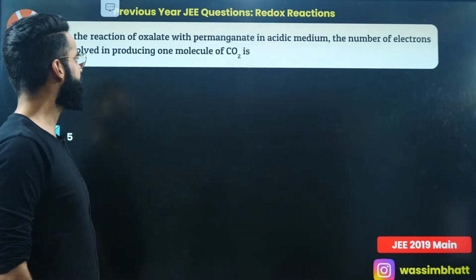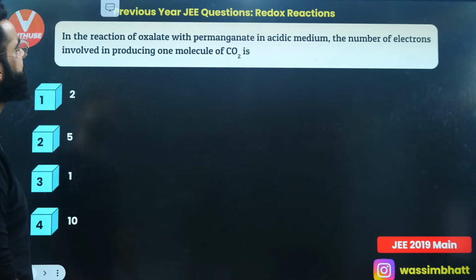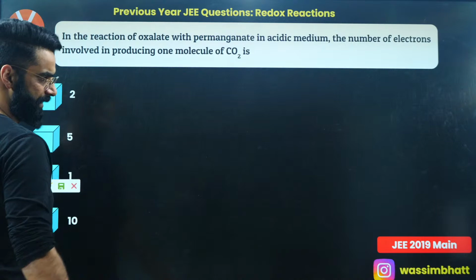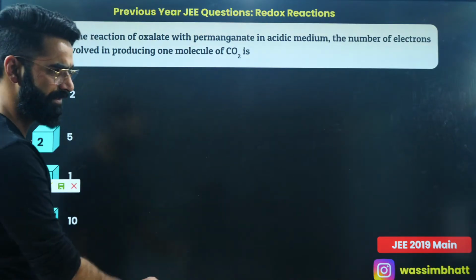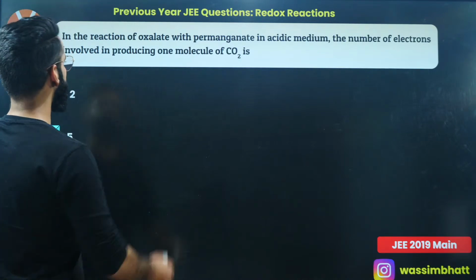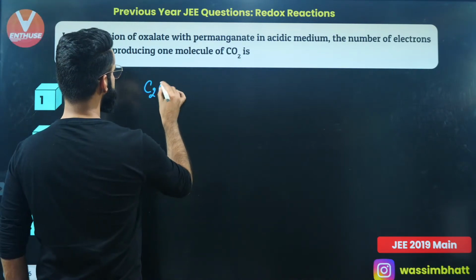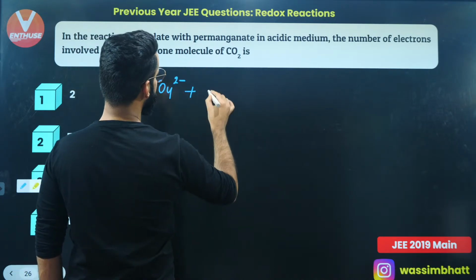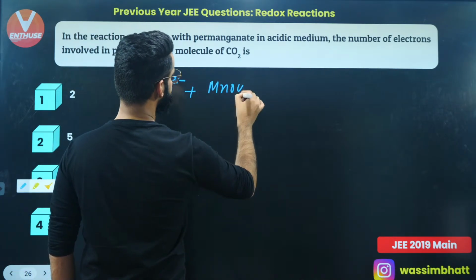In the reaction of oxalate with permanganate in acidic medium, the number of electrons involved in producing one molecule of carbon dioxide. See, guys, this question was asked in your JEE Mains 2019. Let's see exactly how this question is solved. It's a very simple one. First of all, your oxalate ion, C2O4 2-, with permanganate ion, MnO4 negative.